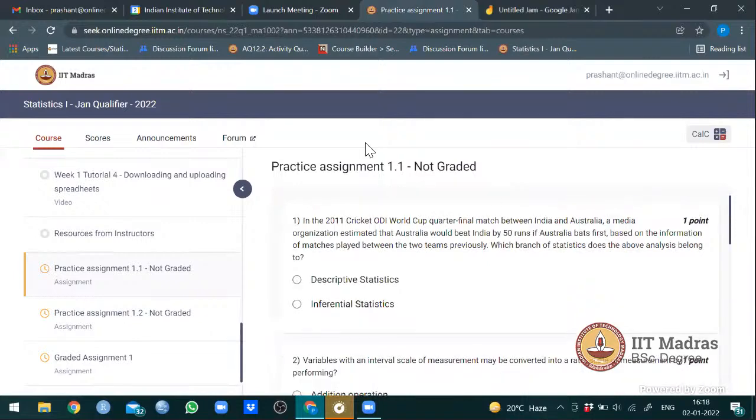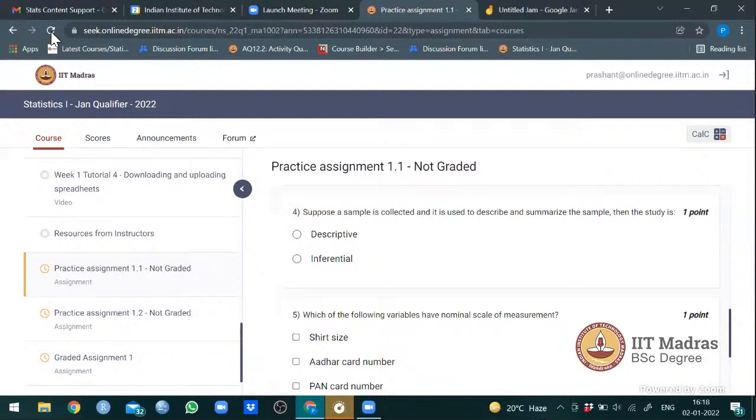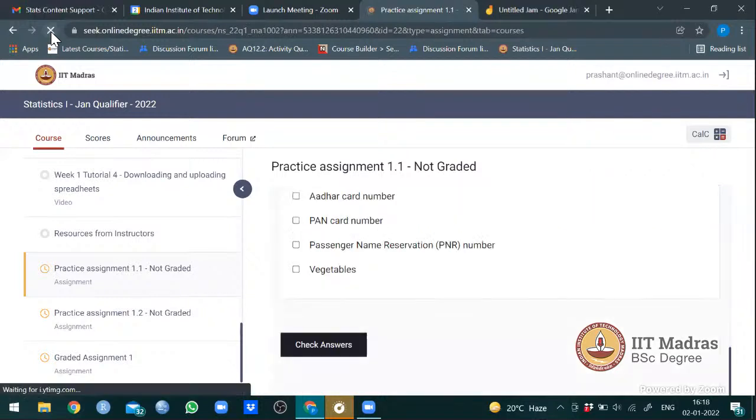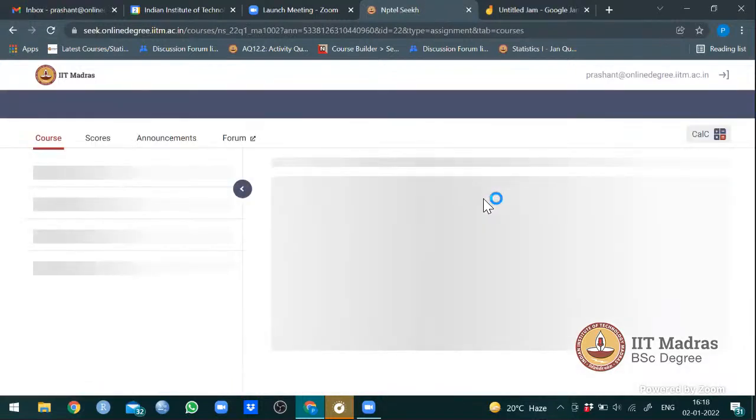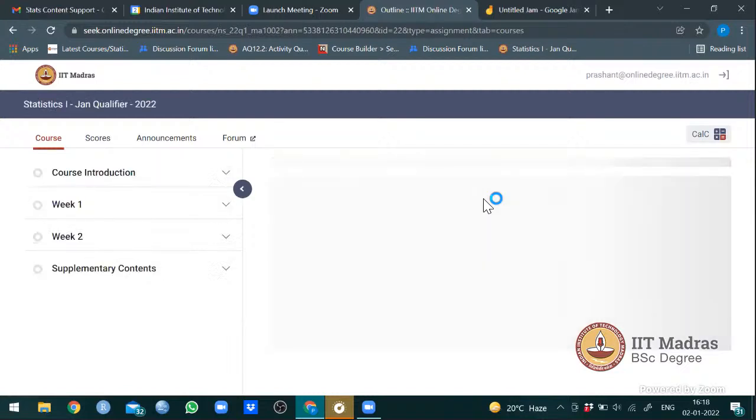Can you read the question? Which of the following variables has a ratio scale of measurement?